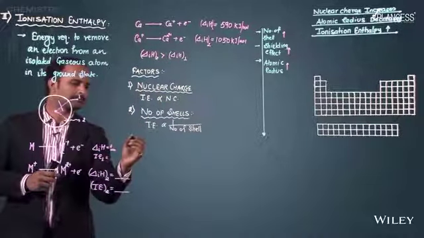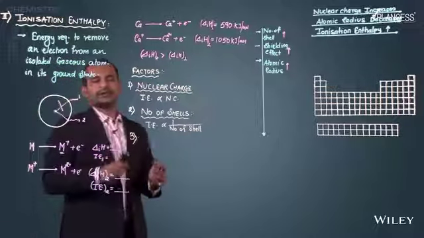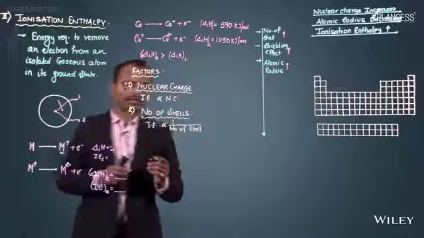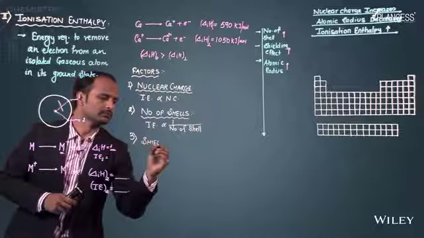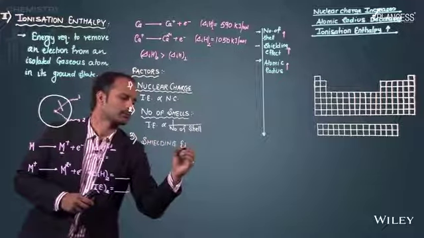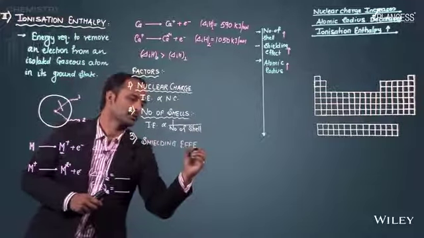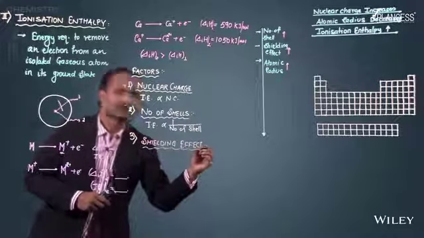Then the third factor which affects the ionization enthalpy is the shielding effect. Now what is the shielding effect?